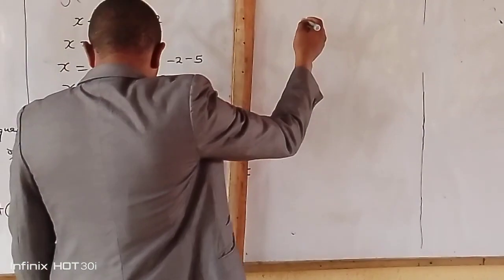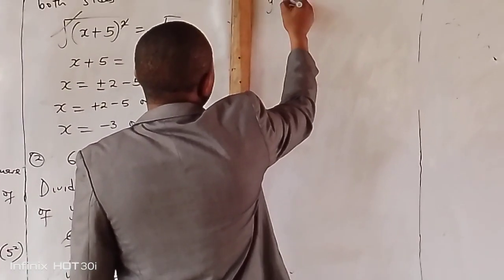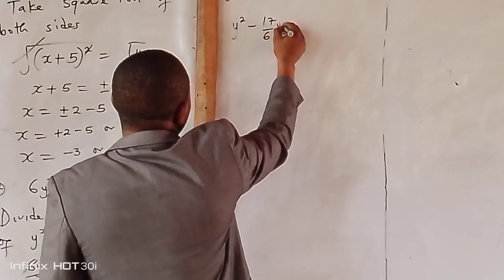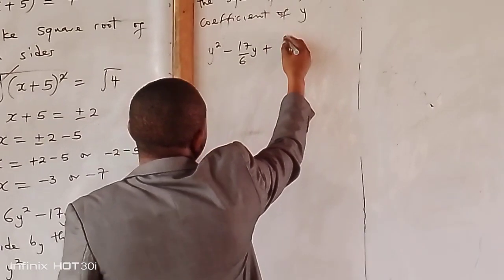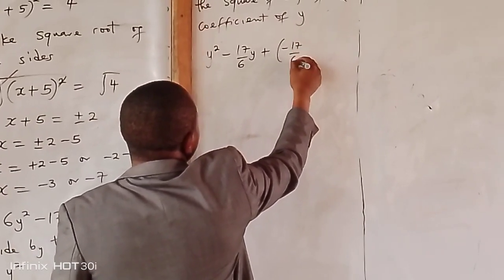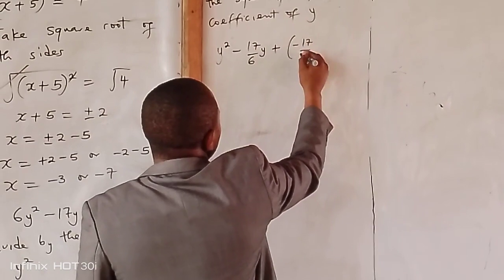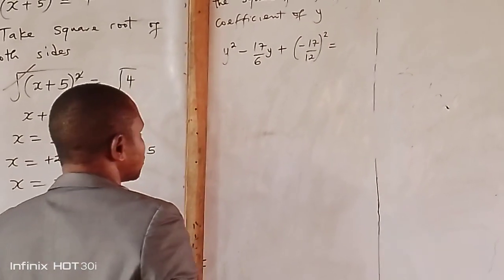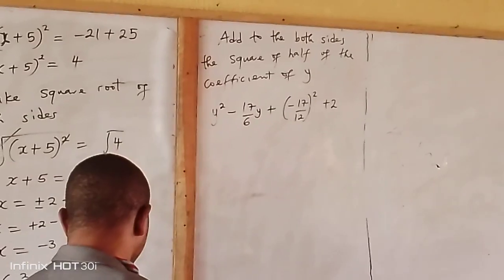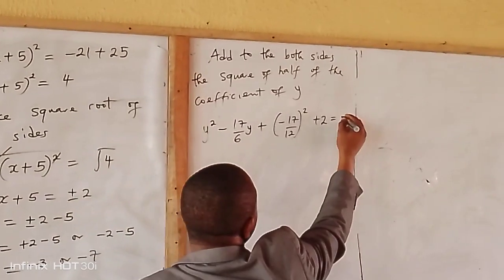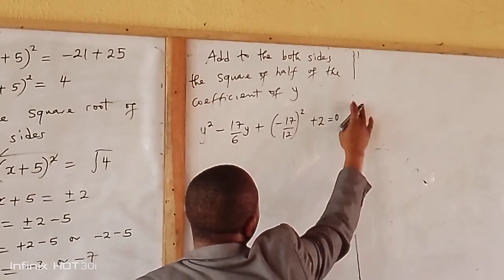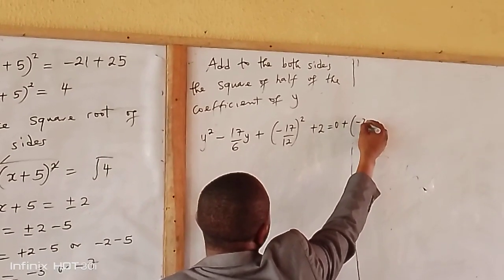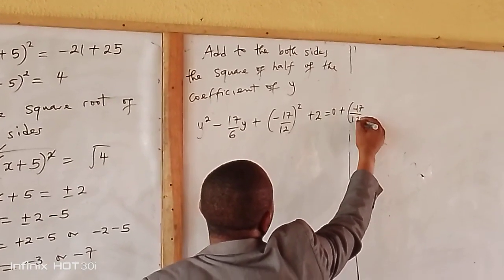So we add it to both sides. So we are going to have y squared minus 17 over 6y plus minus 17 over 12 squared is equal to 0 plus minus 17 over 12 squared.